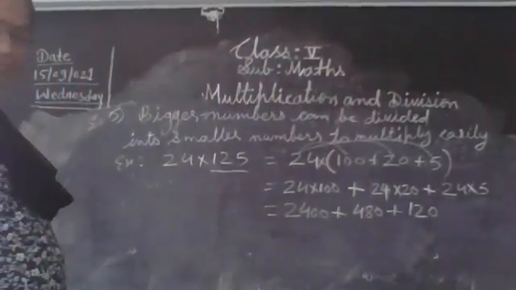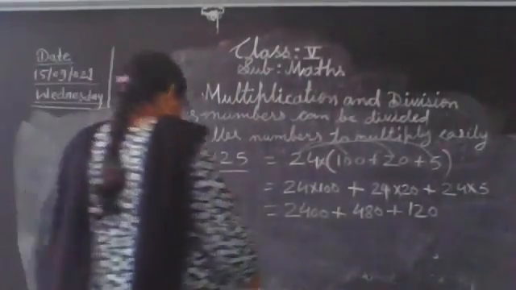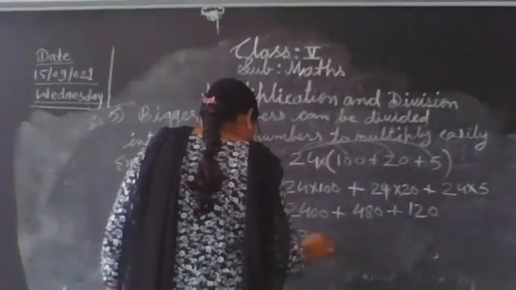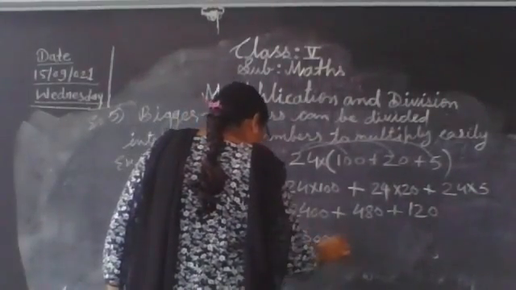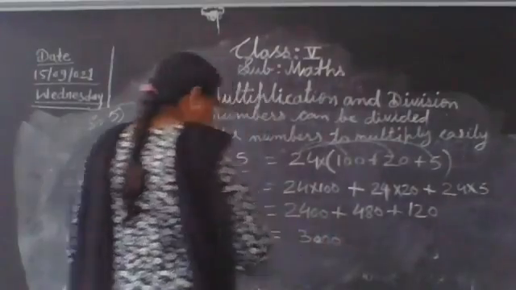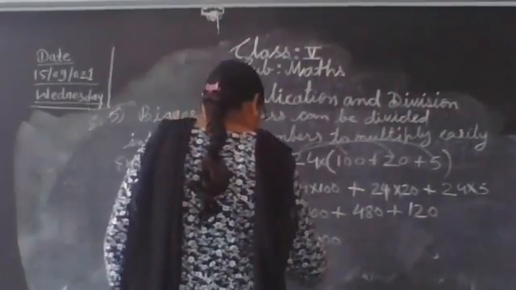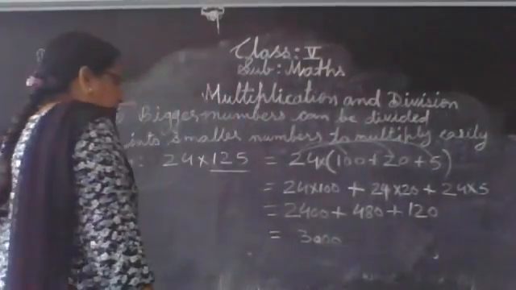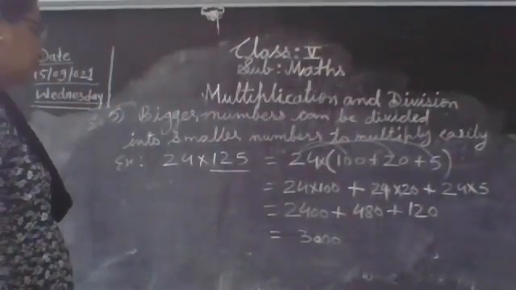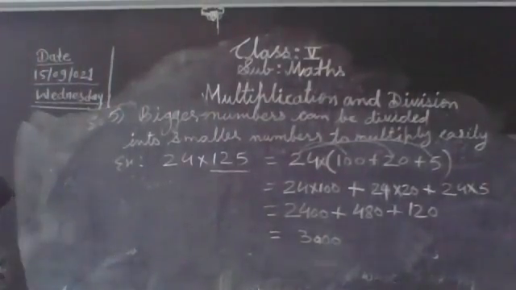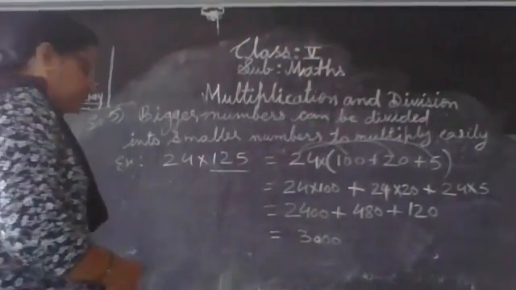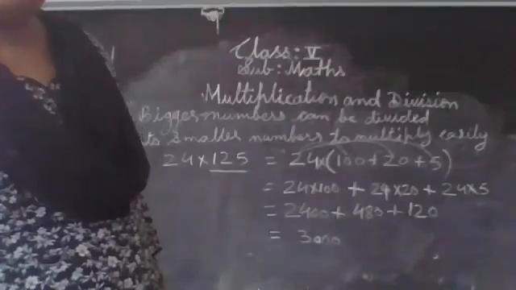Add them all. So what do you get? Got it, beta?